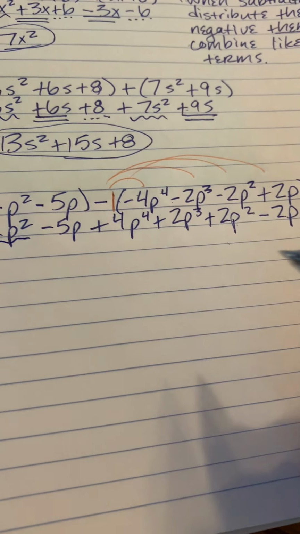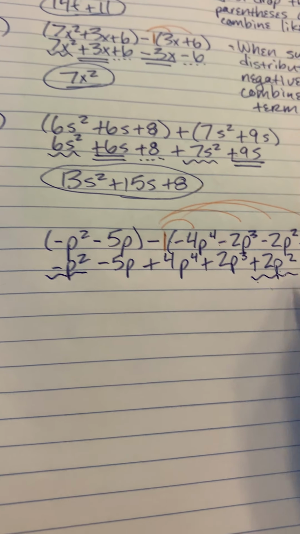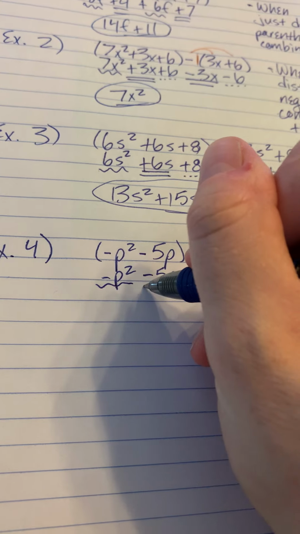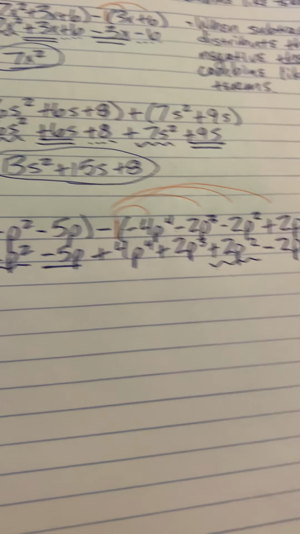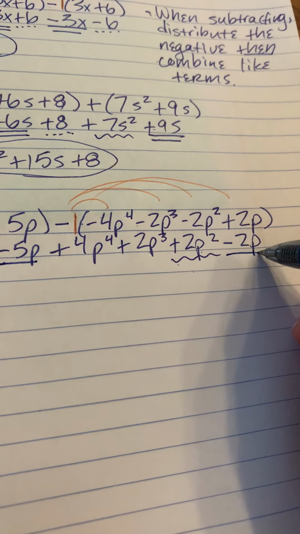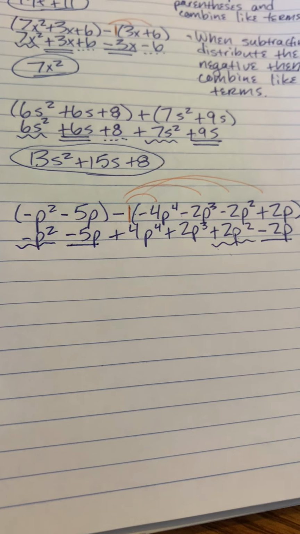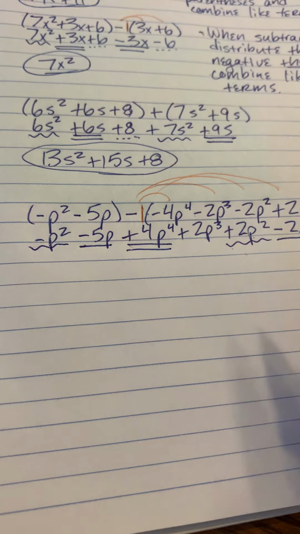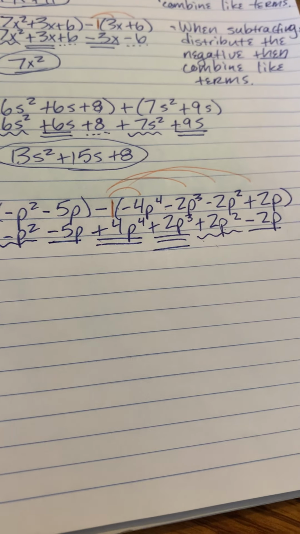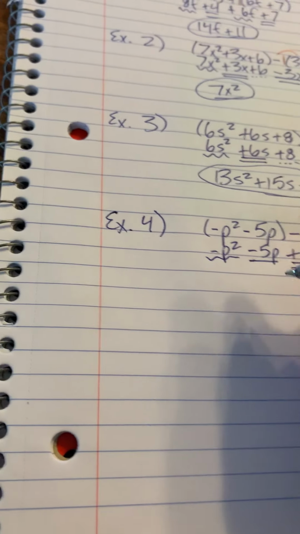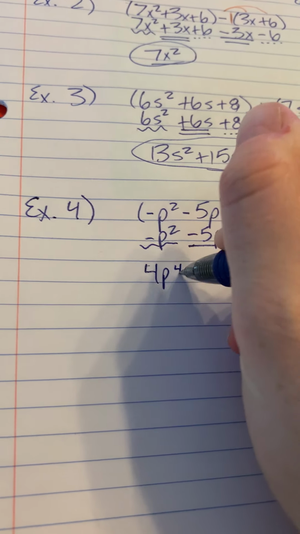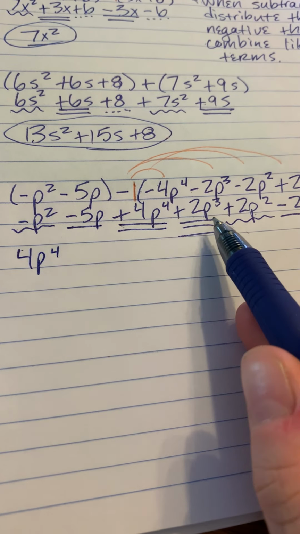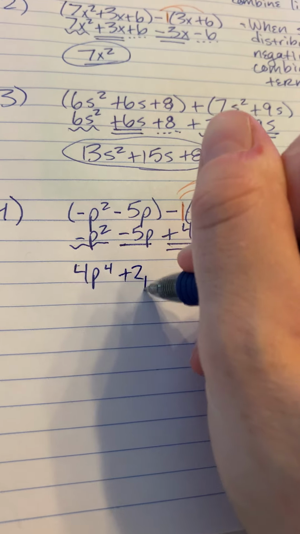P squared goes with p squared. Minus 5p goes with minus 2p. Then these guys are going to be all by themselves. They don't have any friends. So I'm going to write those down. 4p to the fourth will drop down. 2p to the third will drop down.